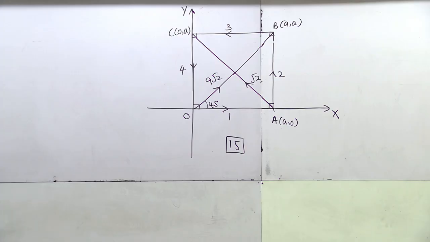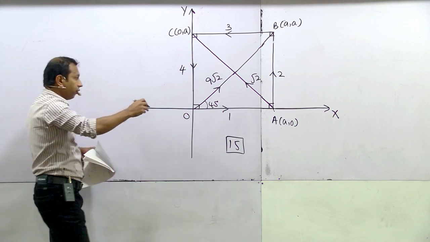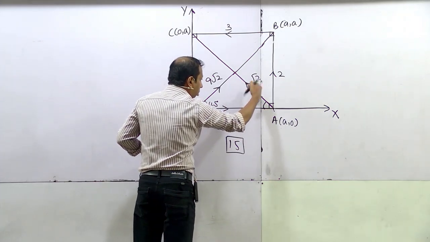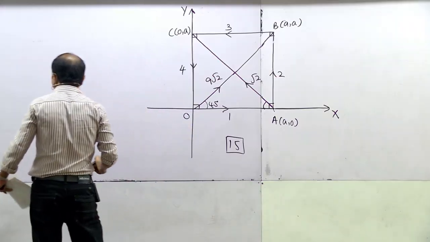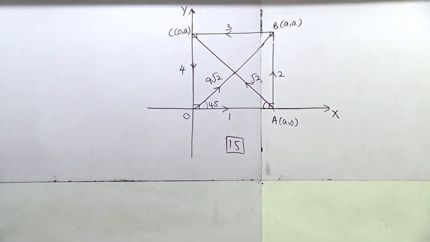Now, when you resolve horizontally, in x we get 1 minus 3. 9 root 2 cos 45 is minus 9. Root 2 cos 45 is minus 1. Here, this is 45. Root 2 cos 45. Cos 45 is 1 over root 2. Root 2 and this 1 over root 2 we can cancel down. Right. That's all. Then we get 6.